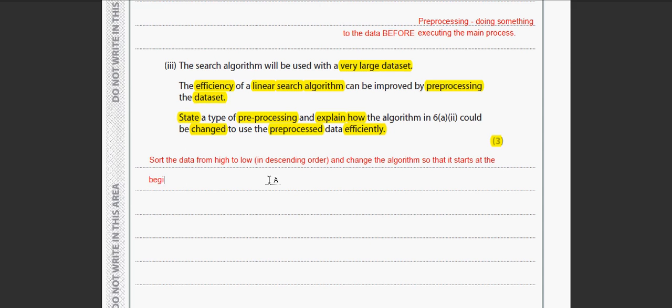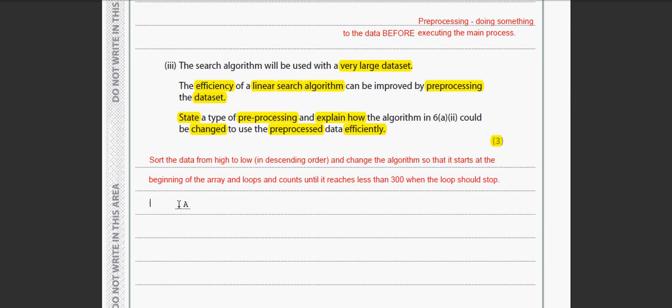Starts at the beginning of the array and loops and counts until it reaches less than 300, when the loop should stop.